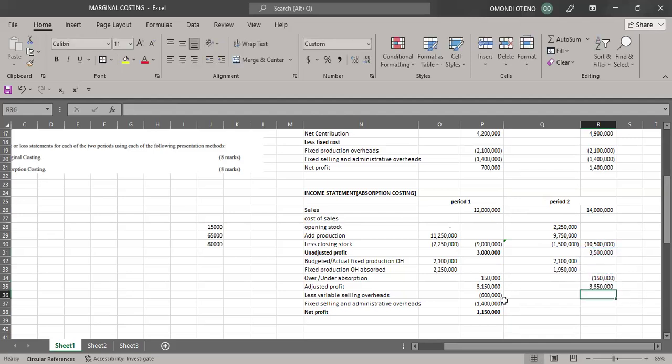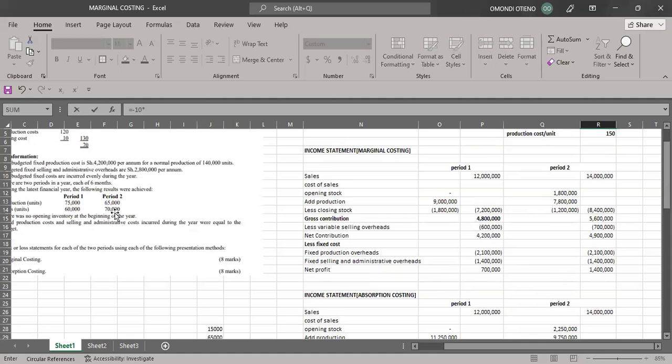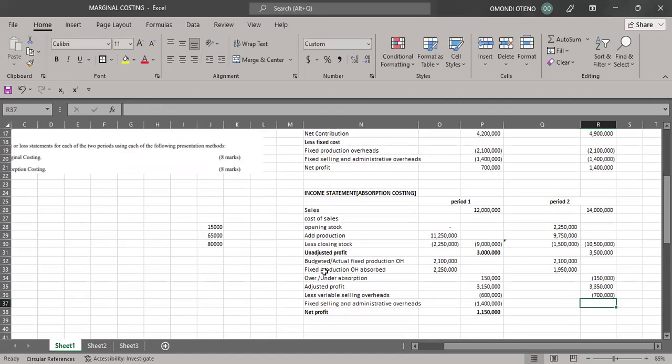To the adjusted profit, I now need to look at selling overheads. The selling overheads is equal to 10 shillings per unit multiplied by what was sold. How many units were sold in period 2? 70,000. Then the selling and administrative overheads, of course, we have to divide equally: 2,800,000 divided by 2 gives us 1,400,000.